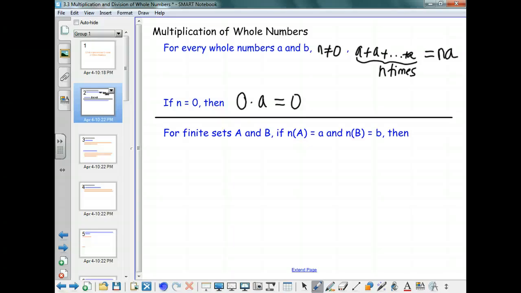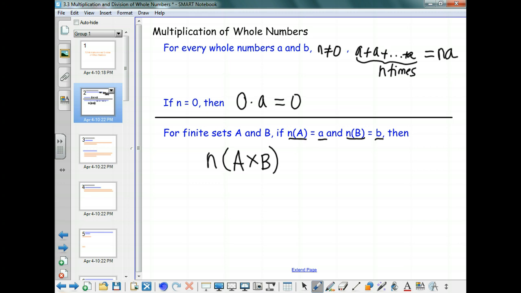All right, so for finite sets, if you have a capital A set and a capital B set, and the number of items in set A is a, and the number of items in set B is b, then we encountered this idea of a Cartesian product. And when we did so, we talked about a formula for that.